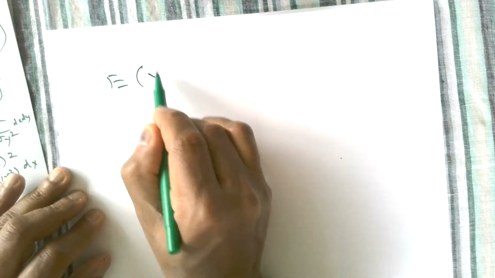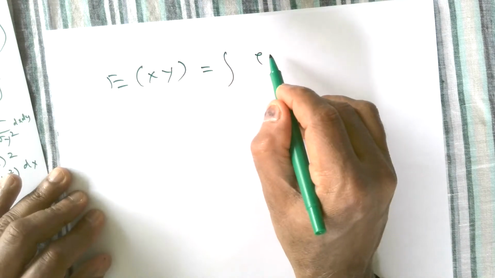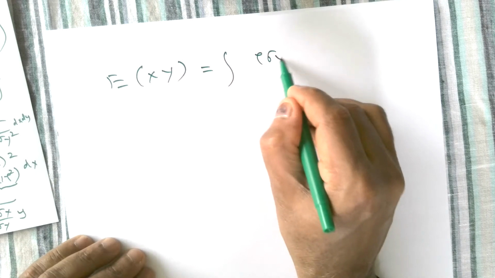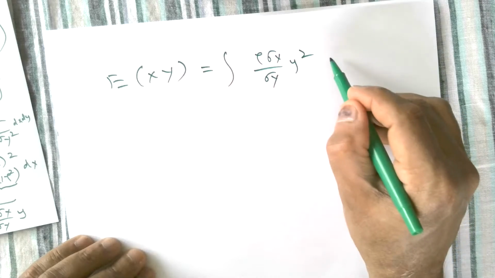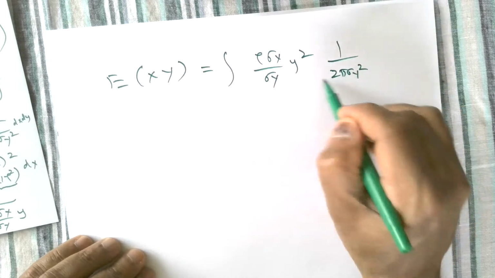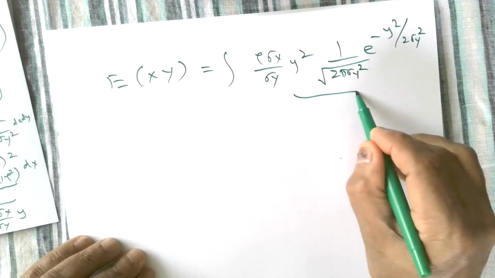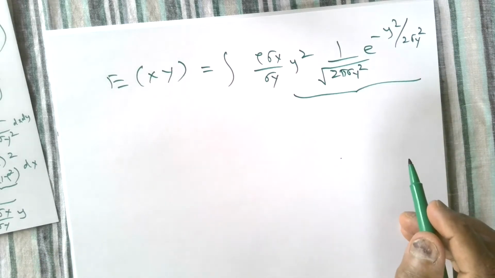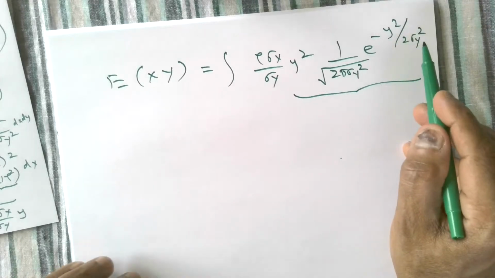So expected value of xy is the integral of rho sigma x over sigma y times y, multiplied by another y, so y squared, times 1 over square root of 2 pi sigma y squared, e raised to minus y squared over 2 sigma y squared. But this is the definition for a zero mean Gaussian random variable with variance sigma y squared.